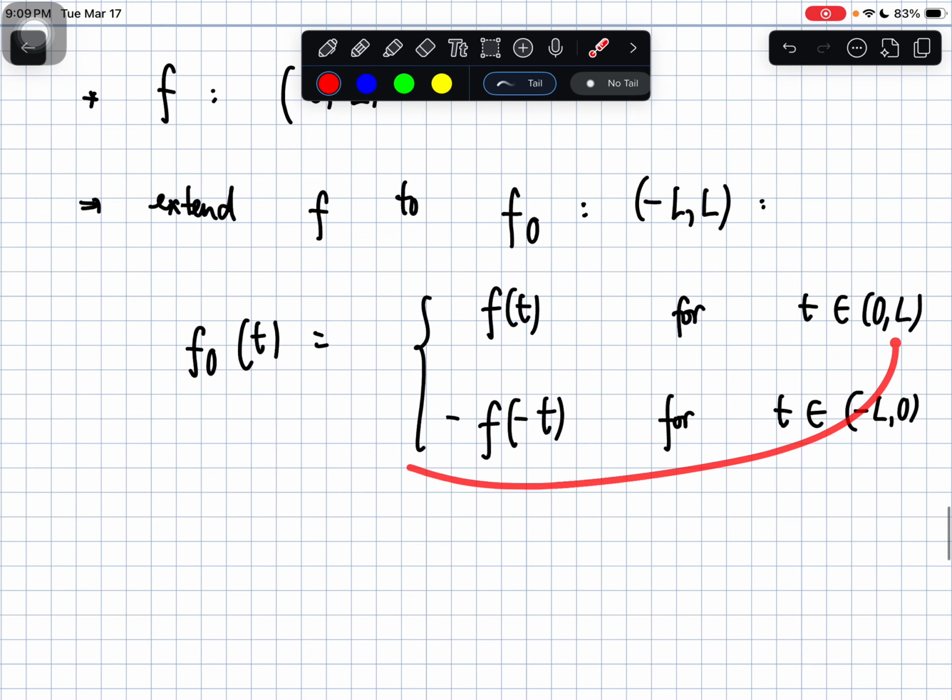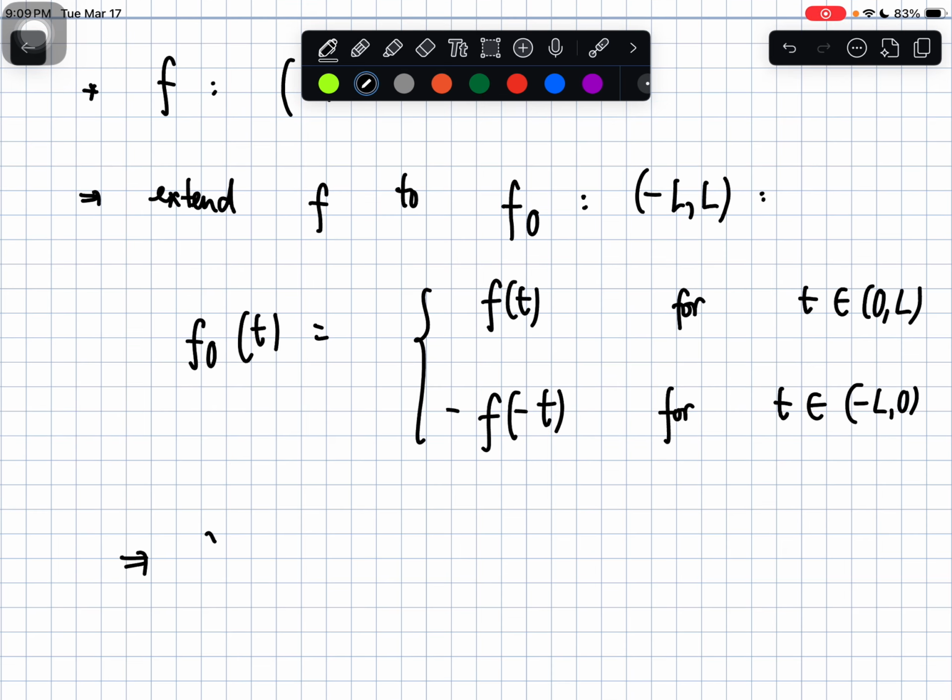By definition, this will be an odd function. f odd is odd.